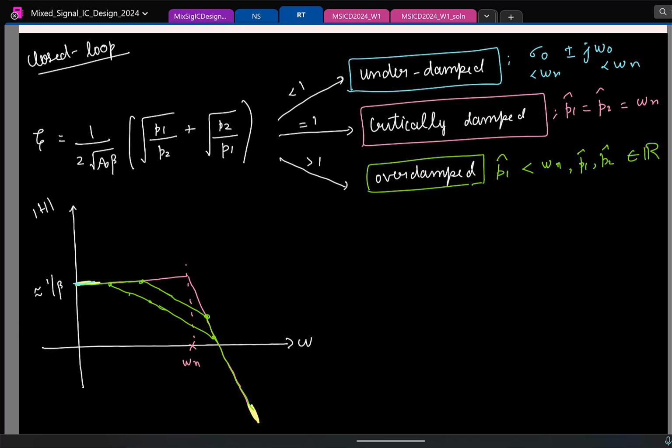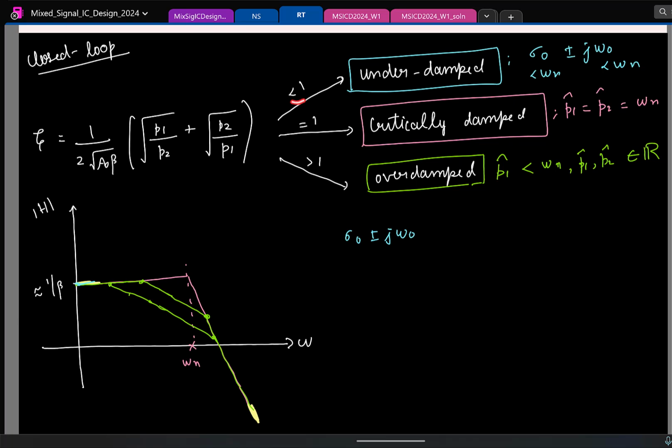Correct. The poles are of the form sigma naught plus or minus j omega naught. So how will the frequency response plot look like? Okay, again think of some limiting case.